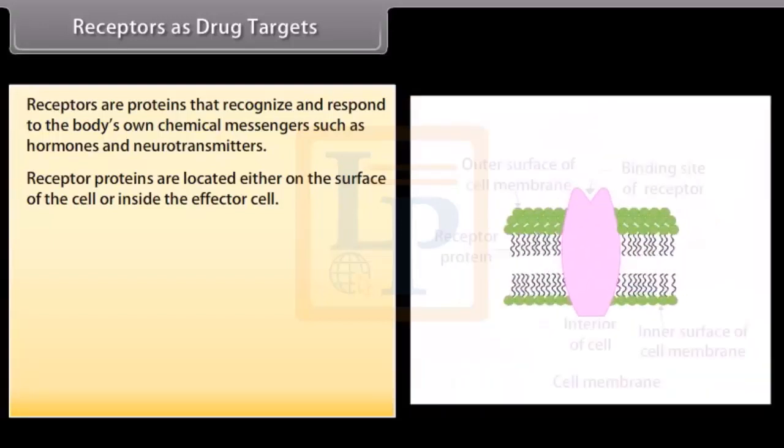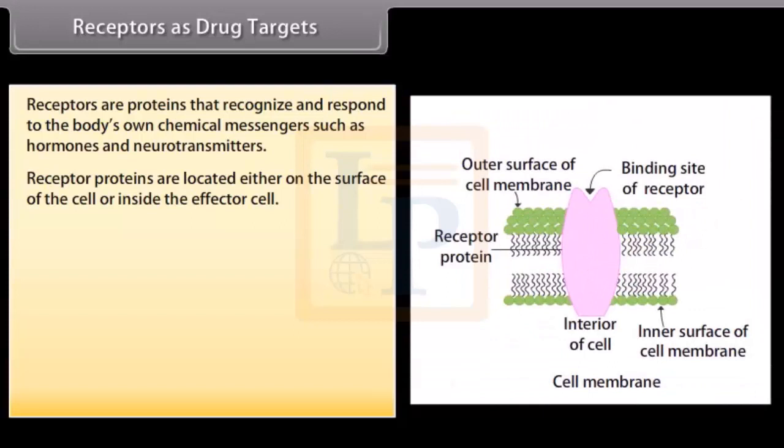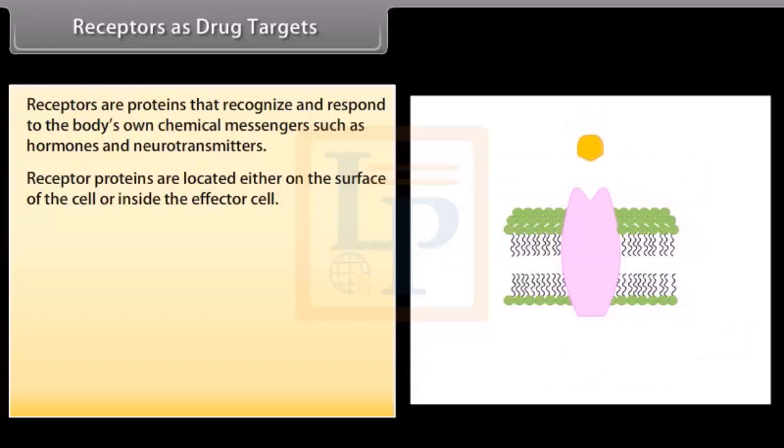In the body, message between two neurons and that between neurons to muscles is communicated through chemical messengers which are received at the binding sites of the receptor. To accommodate a messenger, the shape of the receptor site changes. This brings about the transfer of message to the cell.